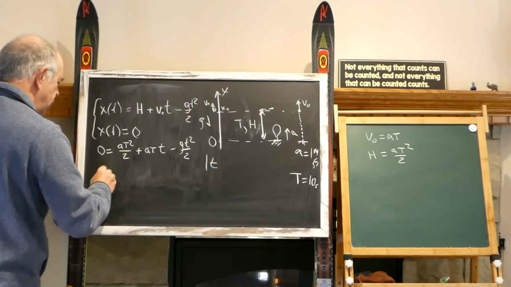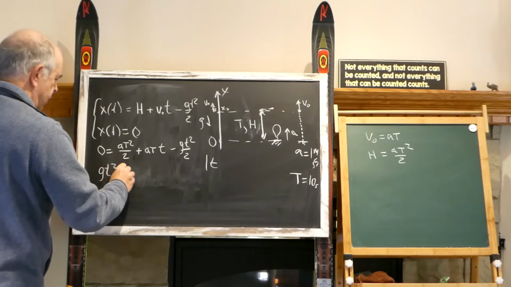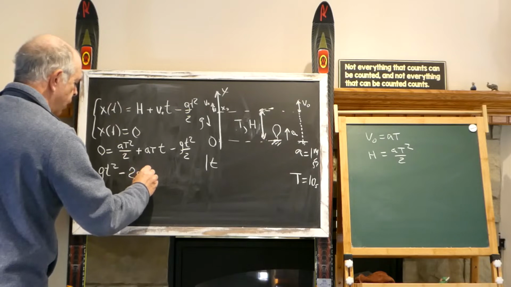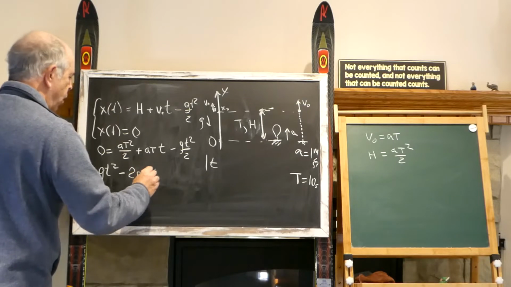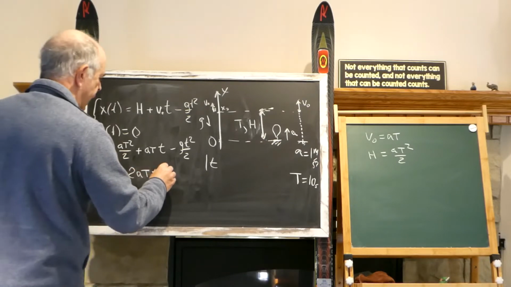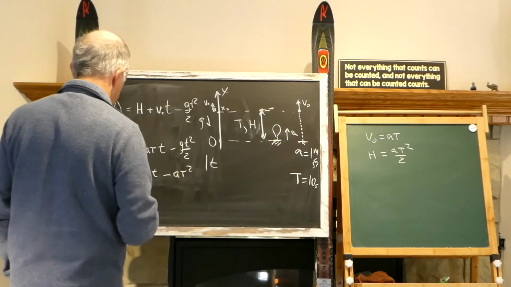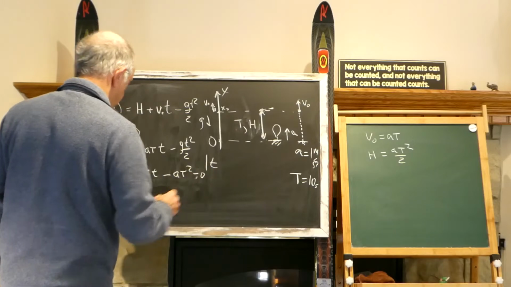I have g t squared minus, and I put it in canonic form, 2a T t, and another a T squared, and all of this equals 0.